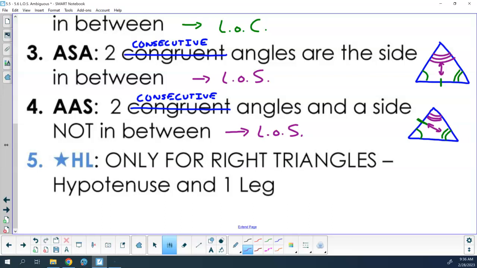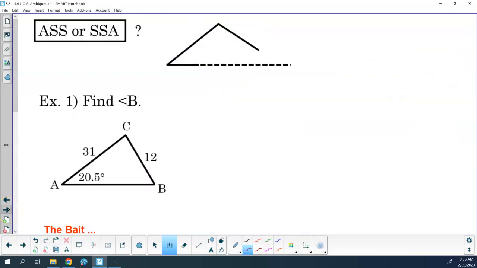Okay? So that leaves us with, if we're given one angle and two sides. Okay? All right?